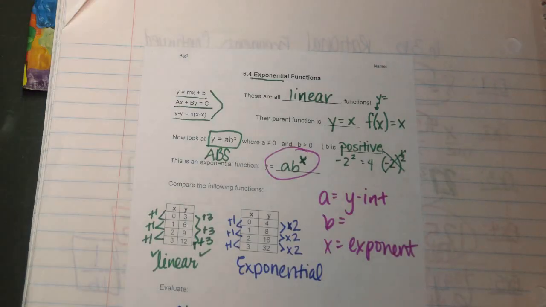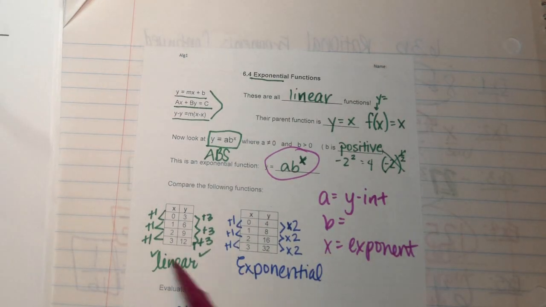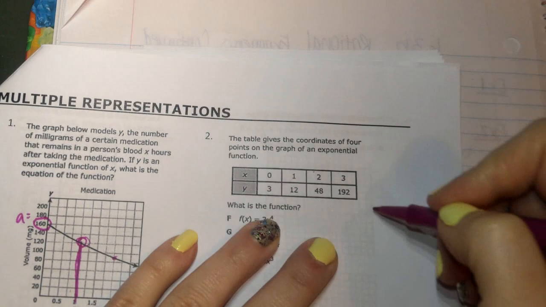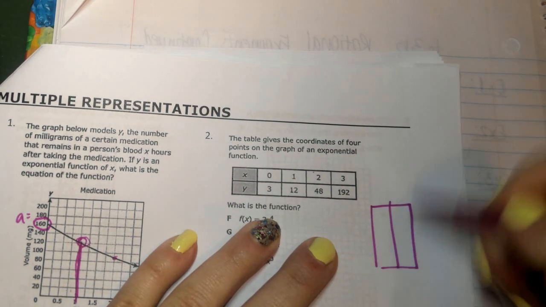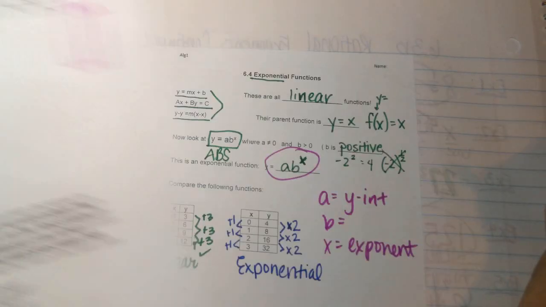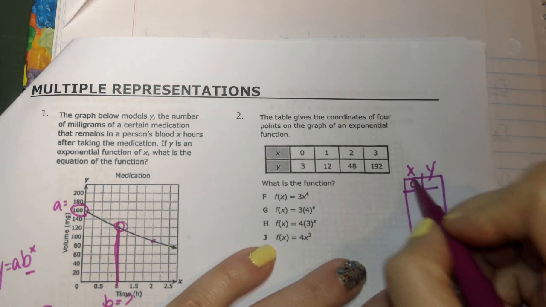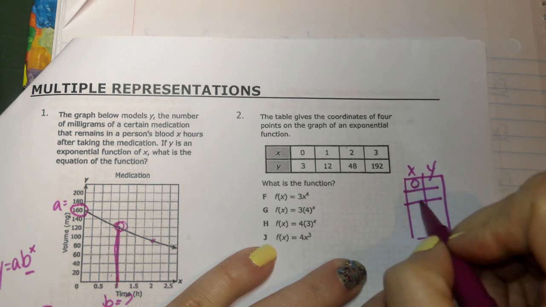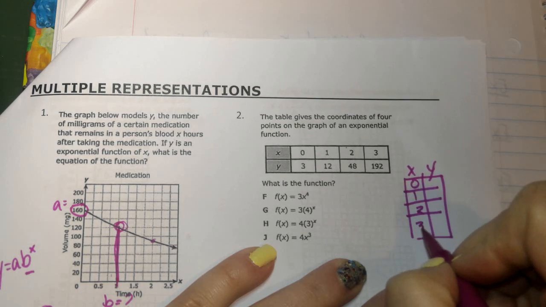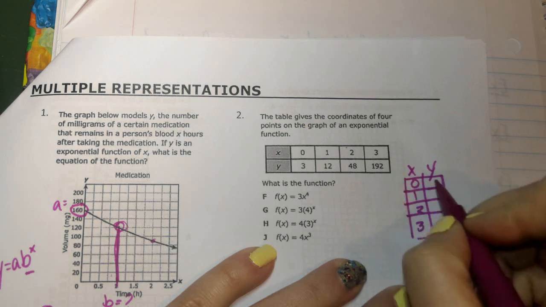So on our notes, we have the same thing, but our table was up and down, so we can just redraw it right here just so it would be the same as these tables in our notes. When x is 0, 1, 2, and 3. So when x is 0, y is 3.